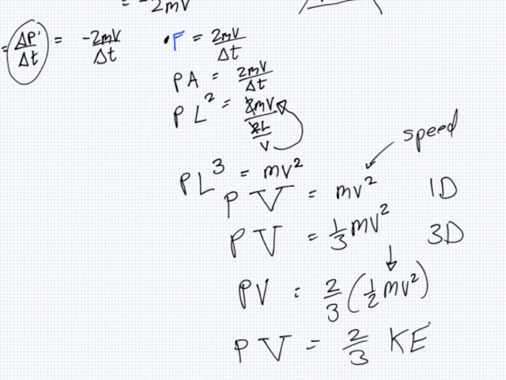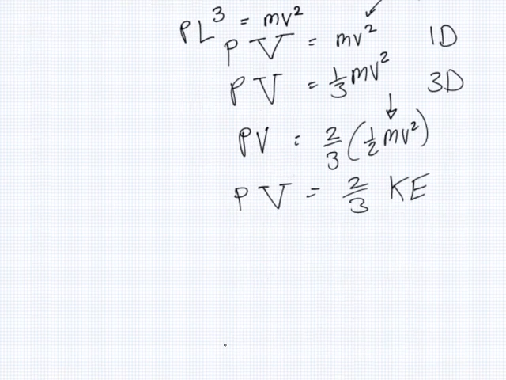Okay so far? Now, how many particles did I look at in my picture? Just one. If I have 2 particles, then everything stays the same, except this will be twice as big. If I have 3 particles, then this will be 3 times as big. So this is for 1 mass.